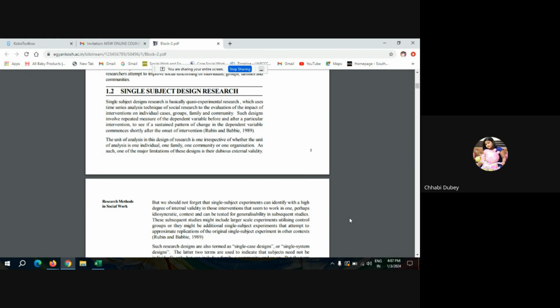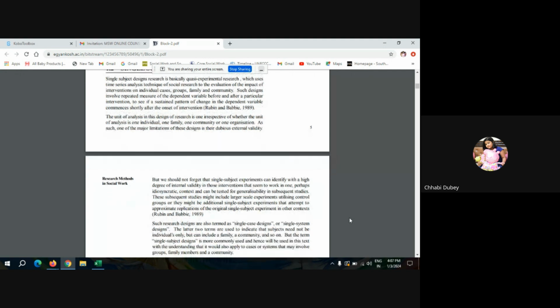So we have to make sure that whatever dependent variable we want to measure is measured in a controlled environmental setting. But we should not forget that single subject experiments can identify, with a high degree of internal validity, interventions that seem to work in one perhaps idiosyncratic context.